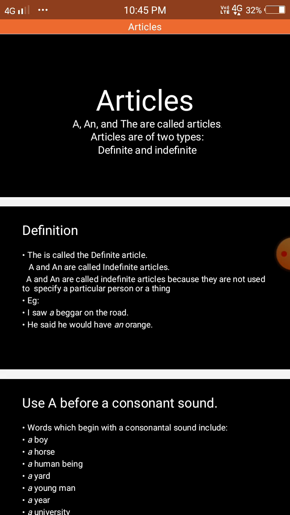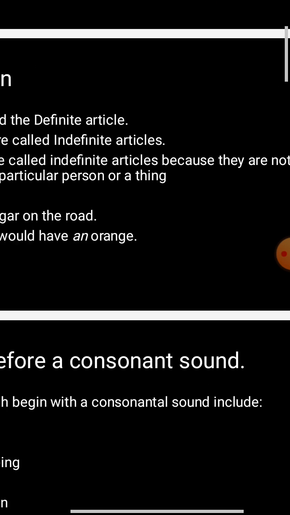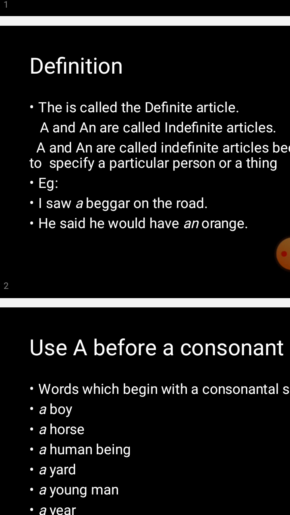Articles are of 2 types, the definite article and the indefinite article. Clear? Now, going to the second slide, I will give you a definition of what a definite article is.